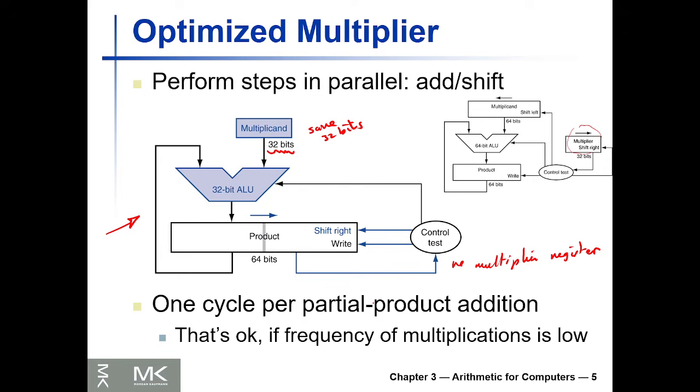What we have done here is that we initialize the least significant 32 bits of the product with the multiplier. And we do the shift now not to the multiplier, but we do the shift to the product itself.